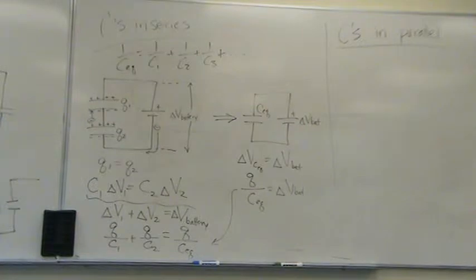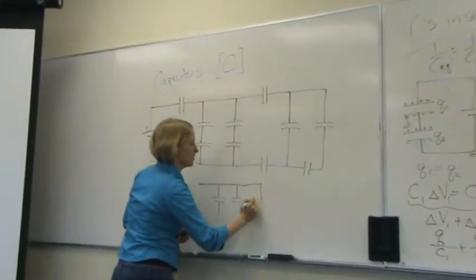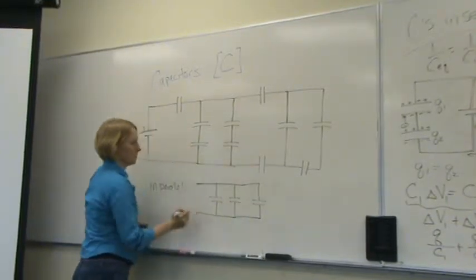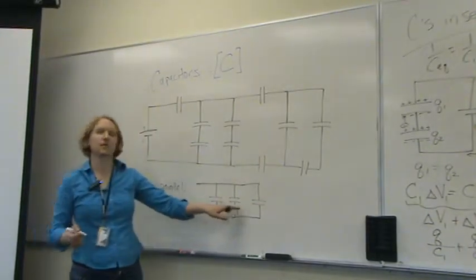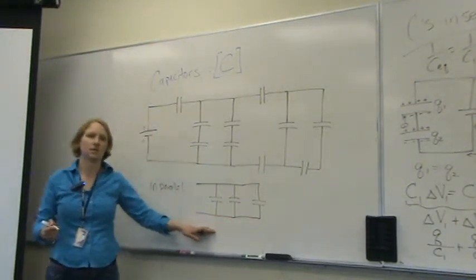So over here really quick, I'll draw you capacitors in parallel. All right, so this is what we would see if we had a bunch of capacitors in parallel, like that.